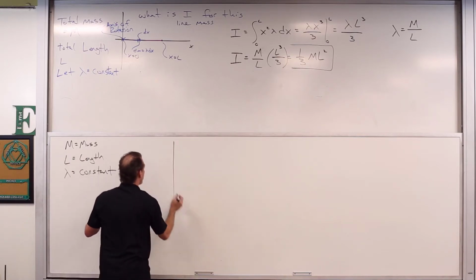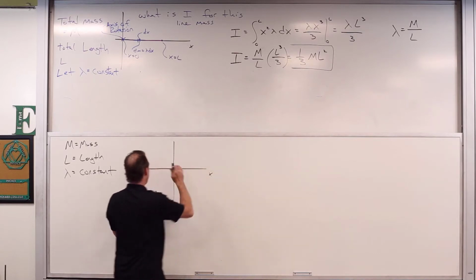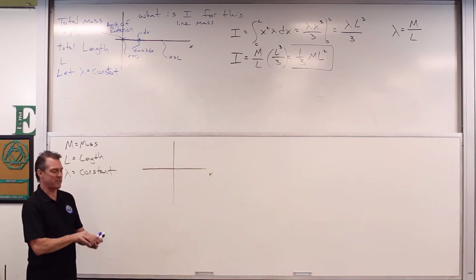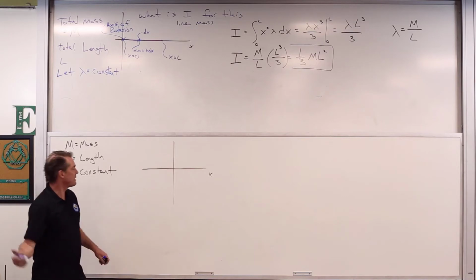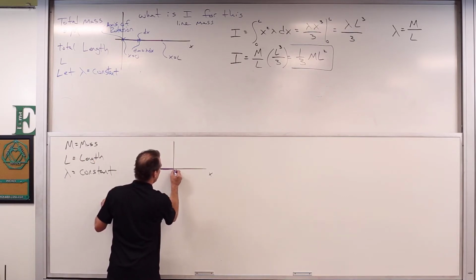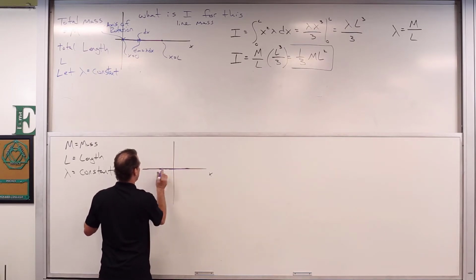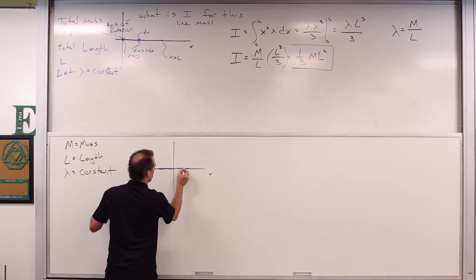We've got ourselves this little coordinate system. And again, let's just throw it on the x-axis just for the sake of ease. But now I'm going to say we're going to go from here to there, like this.